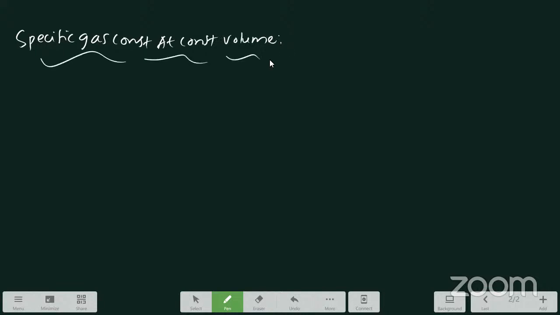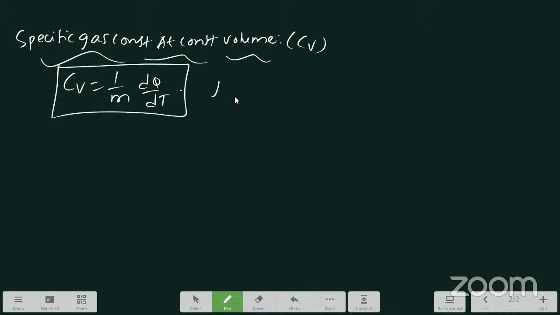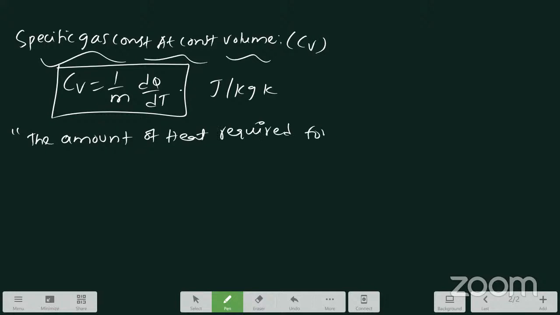Now here, students, Cv equals 1 by m into dq by dt, joules per kg Kelvin. Here, the amount of heat required for unit mass of body to rise unit temperature.